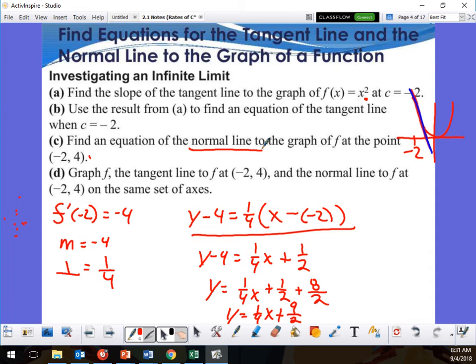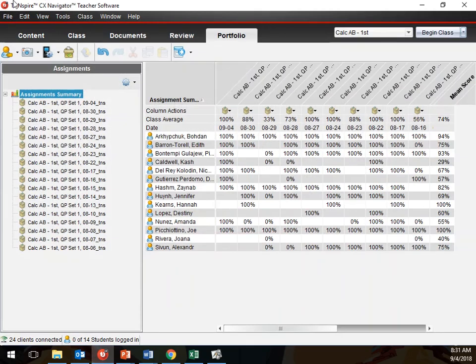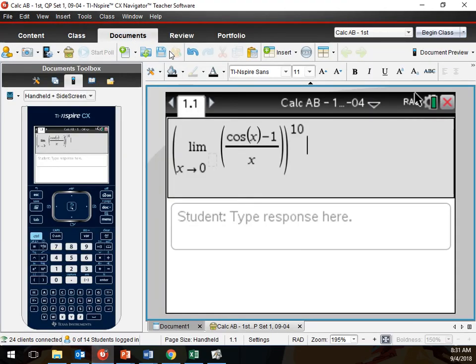Okay, now graph f, the tangent line, and the normal line at those points on the same set of axes. So you guys are going to help me with this because I'm going to put it in the calculator. So let's see what we have here.